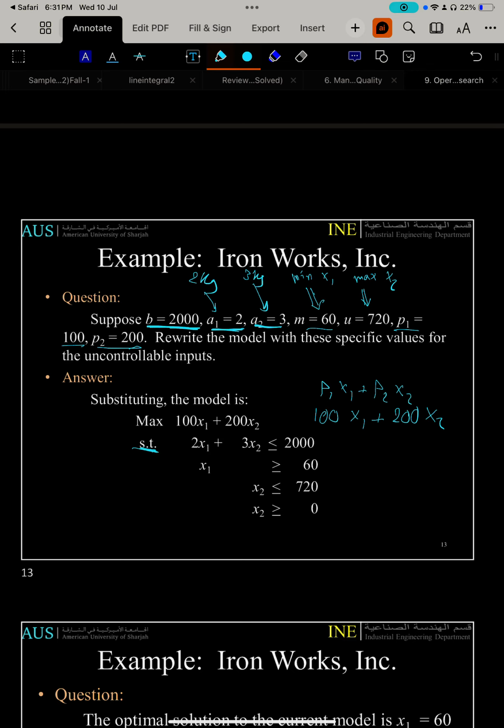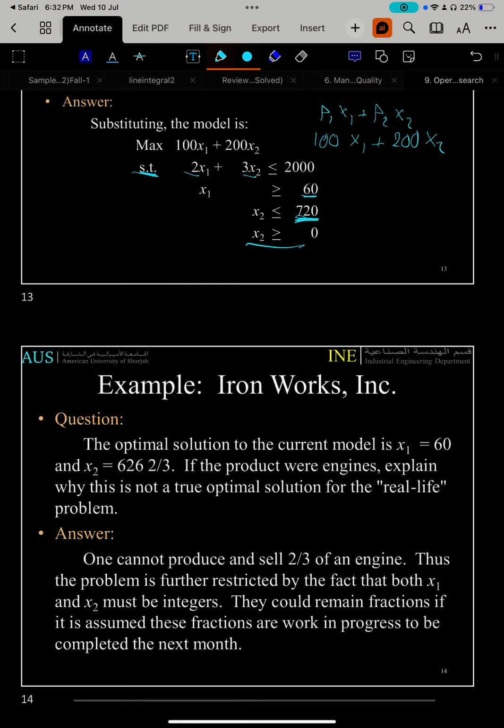The rate for product 1 is 2 multiplied by x1, so 2x1, and for x2 it is 3x2, which is less than or equal to 2000. We want x1 bigger than or equal to 60, and x2 smaller than or equal to 720. The max number of product 2 is 720, the minimum number of x1 is 60, and x2 cannot be negative, of course. That's what we need to evaluate.